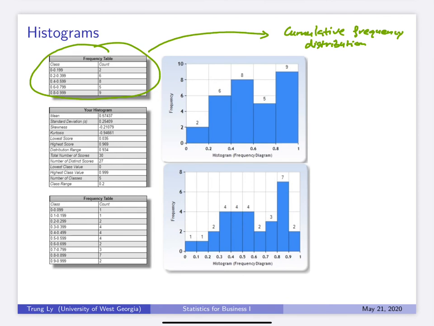So I'm going to have two columns: one column for the value, and the other column for cumulative frequency.